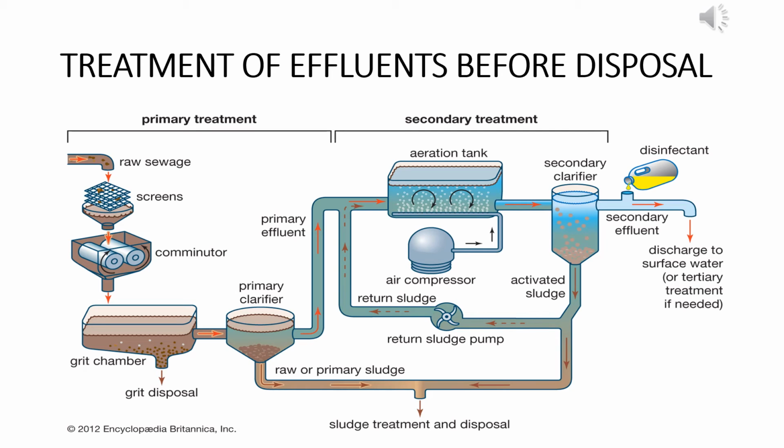For tertiary treatment, some chemicals, metals, or even pathogen removal techniques or chemicals are added into the secondary effluent, and then it is discharged into surface water bodies like ponds, rivers, streams, ocean, etc.